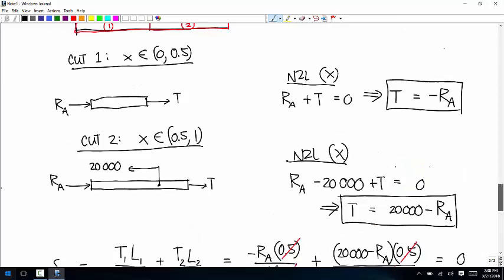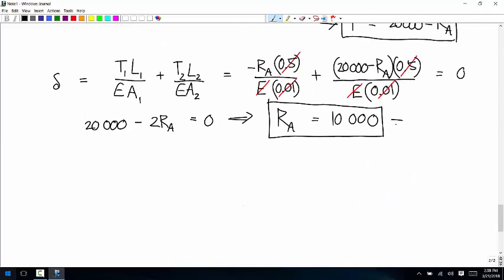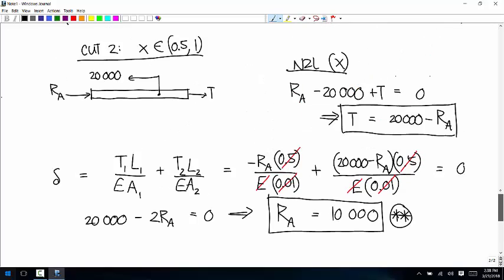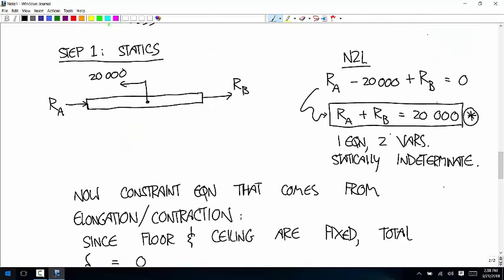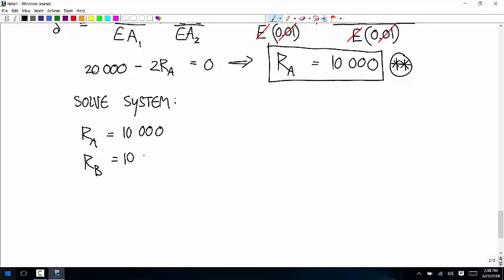Okay, so now our system of two equations. This was our first one, call that star. This is our second one. And so based on RA being 10,000, and the two have to add up to 20,000, now we solve the system. RA is equal to 10,000, and RB is equal to 10,000.